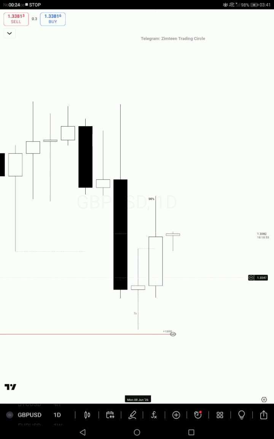So I've been anticipating GBPUSD to be bearish till this zone right here because we have a monthly CRT, sorry for that, a monthly CRT that needs to be completed.